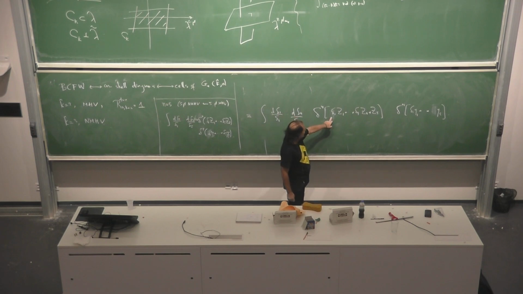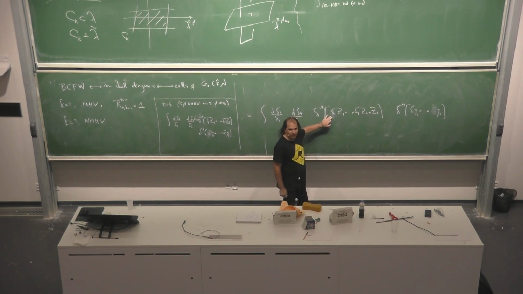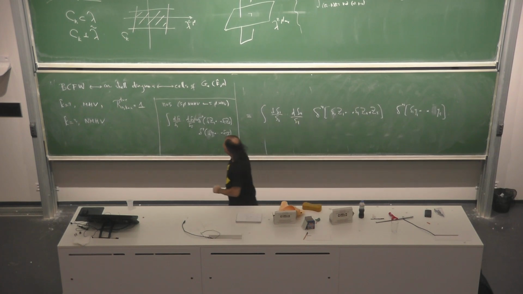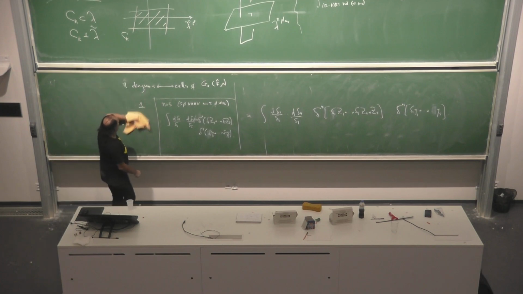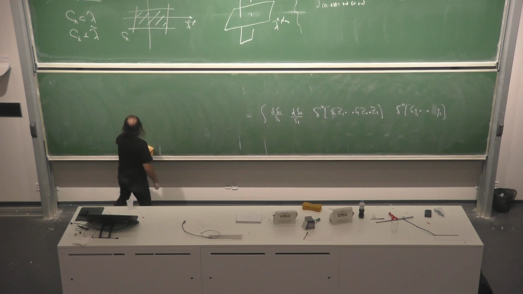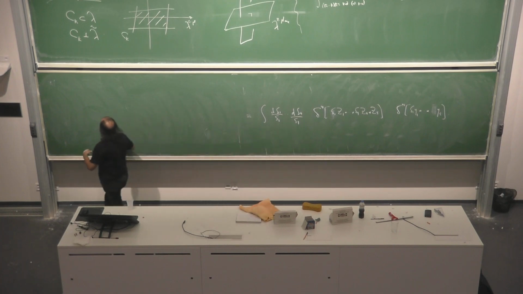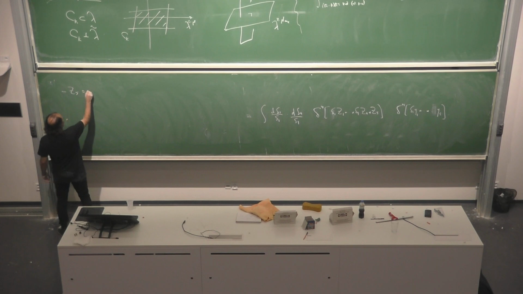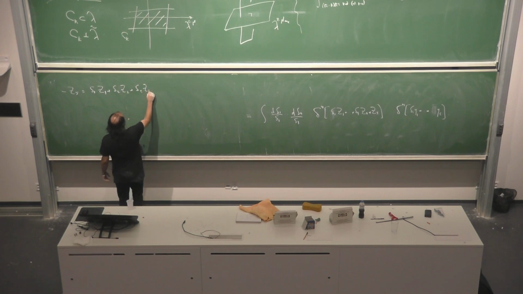And how do I solve it? Well, this is exactly what this is telling me. z_5 is equal to negative δ_1 z_1, negative δ_2 z_2, and so on. This is just the expansion of z_5 in terms of z_1 through z_4. Okay, so let's solve. Minus z_5 is equal to δ_1 z_1 plus δ_2 z_2 plus δ_3 z_3 plus δ_4 z_4.